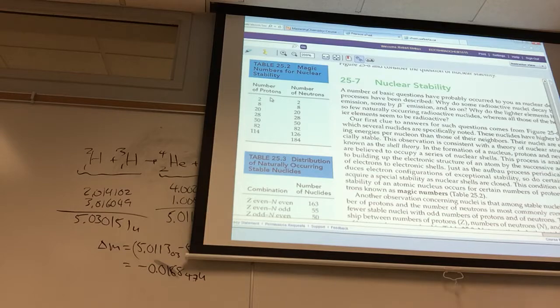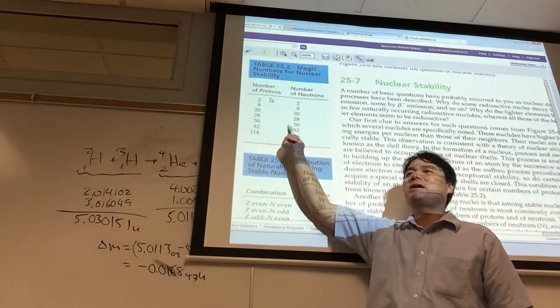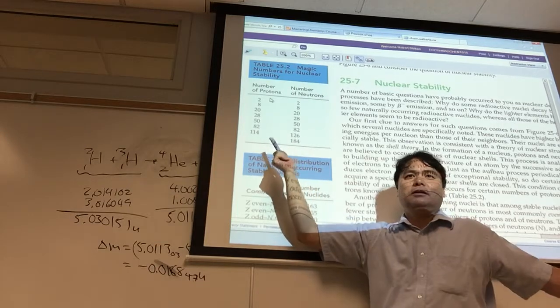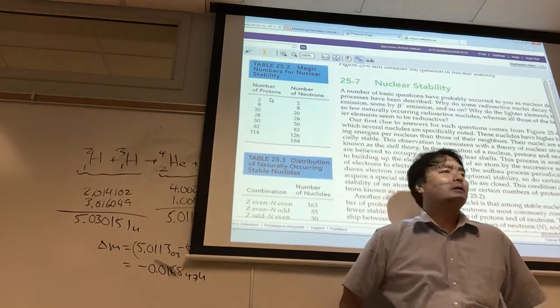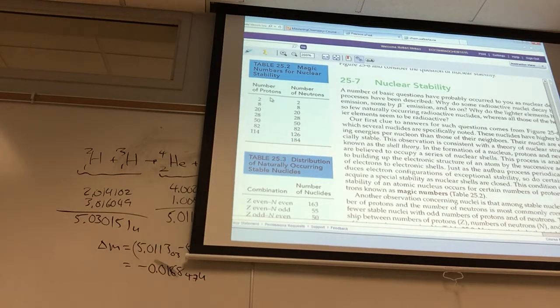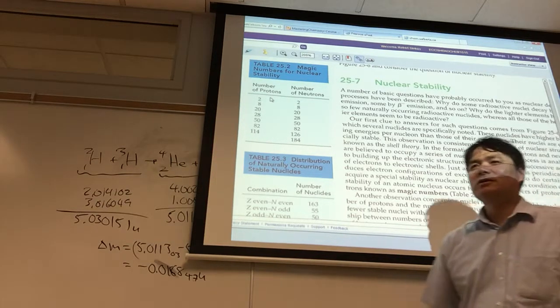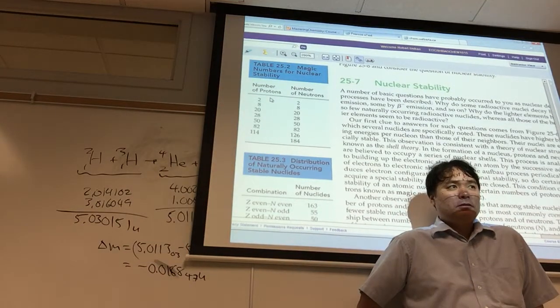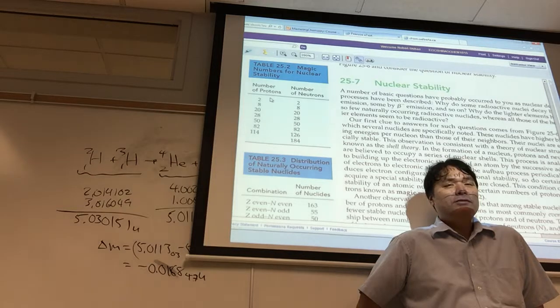This kind of looks similar to what? You've seen these magic numbers before with the periodic table. The magic numbers in the periodic table would be 2, 10, 18, 36, right? Those magic numbers in the periodic table correspond to what? Filled shells of electrons, right?